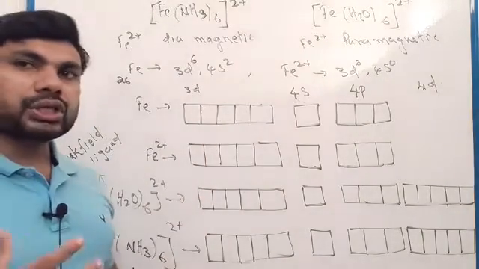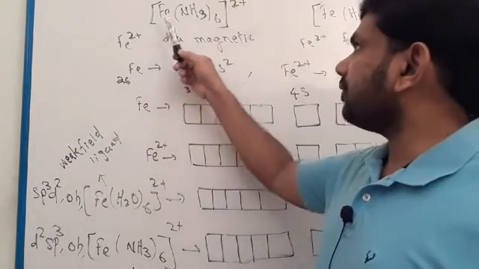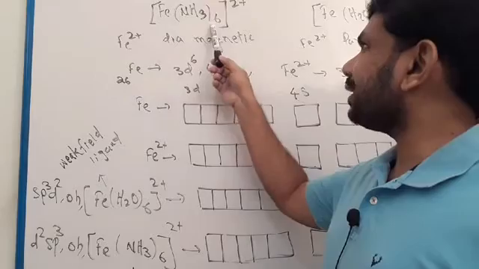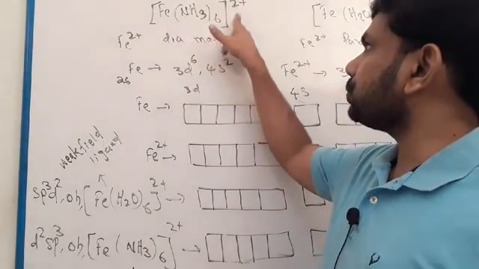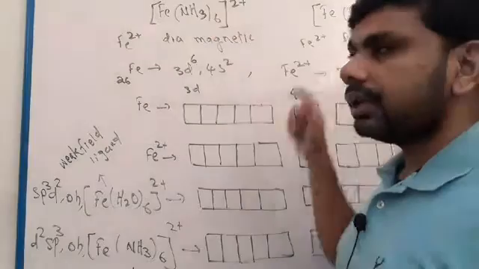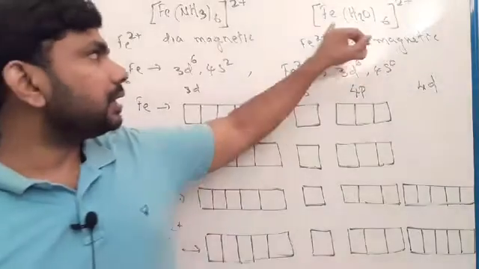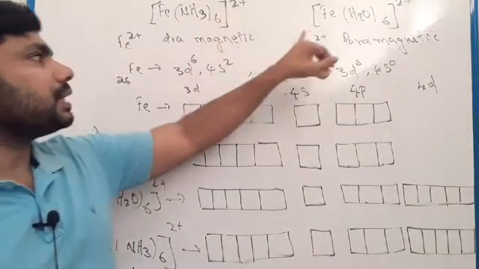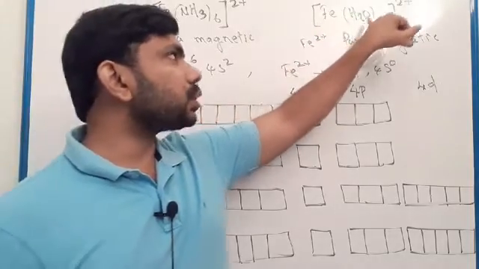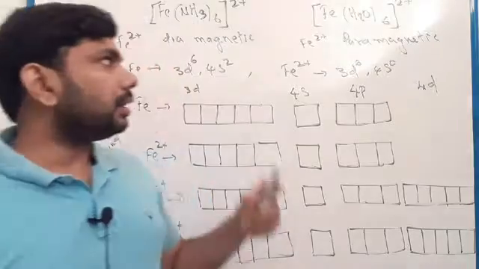Here two coordination compounds are given. The first one is Fe(NH3)6 2+, and the second one is Fe(H2O)6 2+.